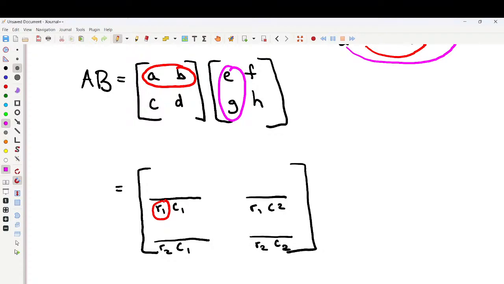If you remember what the dot product was, it was horizontal positions plus vertical positions. So similarly, it's this position plus that position, AE plus BG.